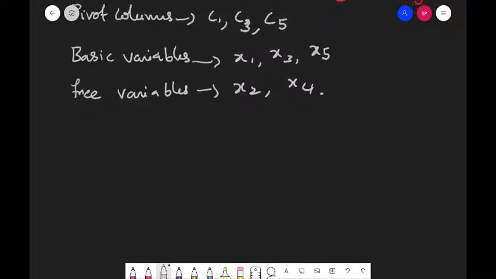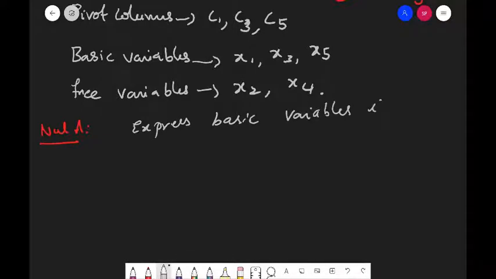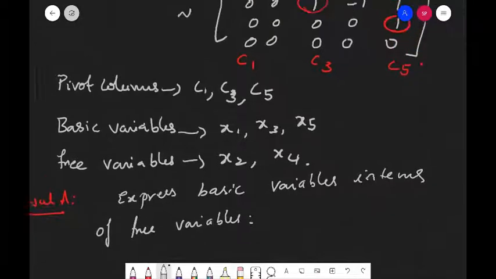So first let me find Null A. To find Null A, what do we have to do? We have to express the basic variables in terms of the free variables. So we have to do this from the matrix.